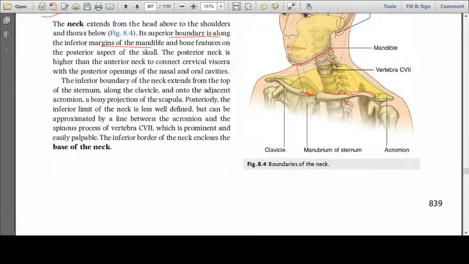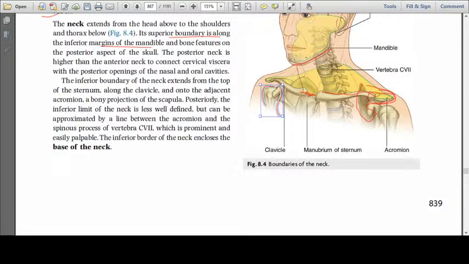The acromion process is basically a process of the scapula. If you don't know the scapula, it is the bone to which your arm is connected. This one is your arm's bone, called the humerus, and this is the scapula, which has various processes, and this one is the acromion process.